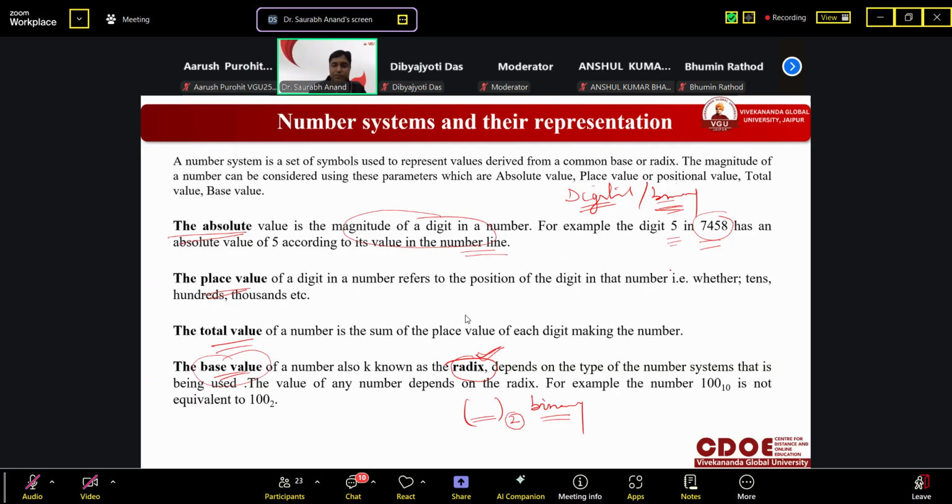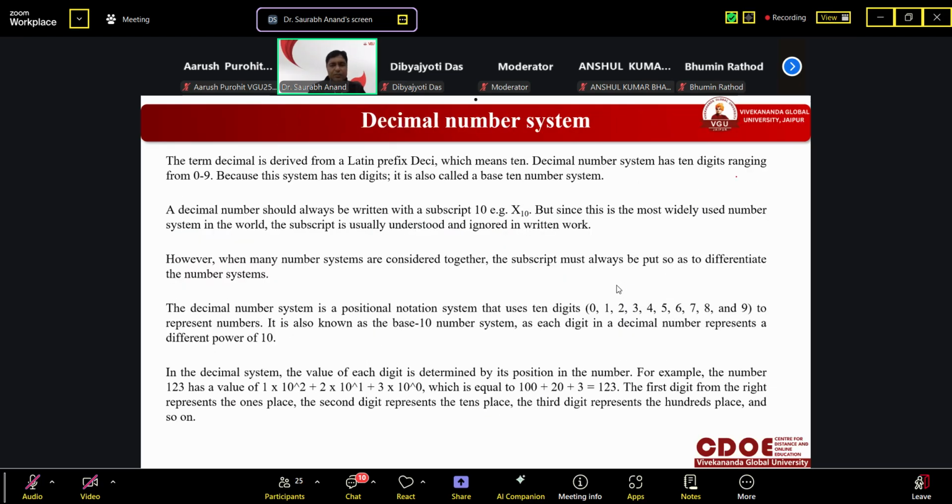What is the place value? Place value means, as we have already studied in numbers, ones, tens, hundreds, thousands, like that. And total value is the sum of the place values. Whatever place values we have, we just add all the numbers.